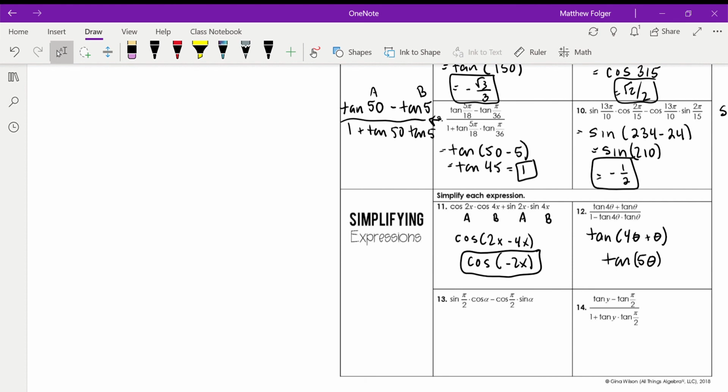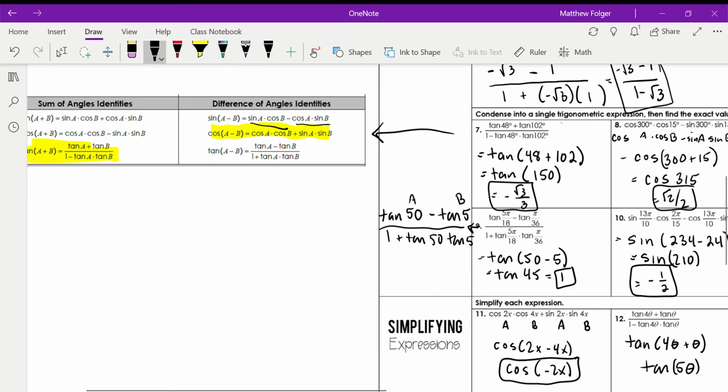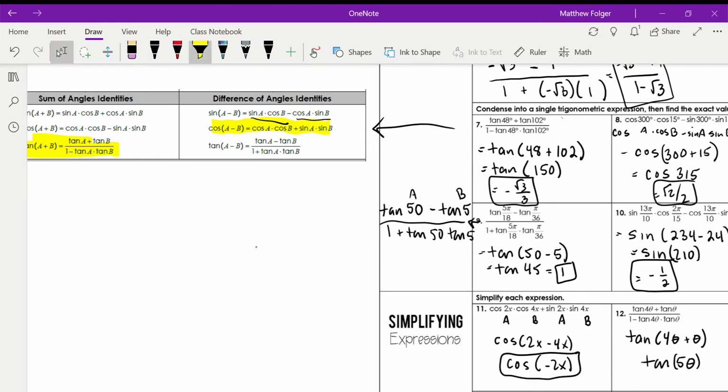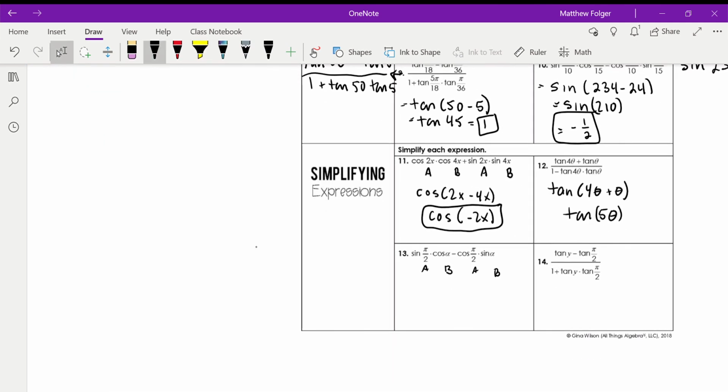All right, so those two, next one, same idea. This will be A, this will be B. Which one's got sine A cos B minus cos A sine B? That's this one. So we're doing sine of the first one minus the second one. So sine of pi over 2 minus alpha. And there's nothing I want to do with that yet.